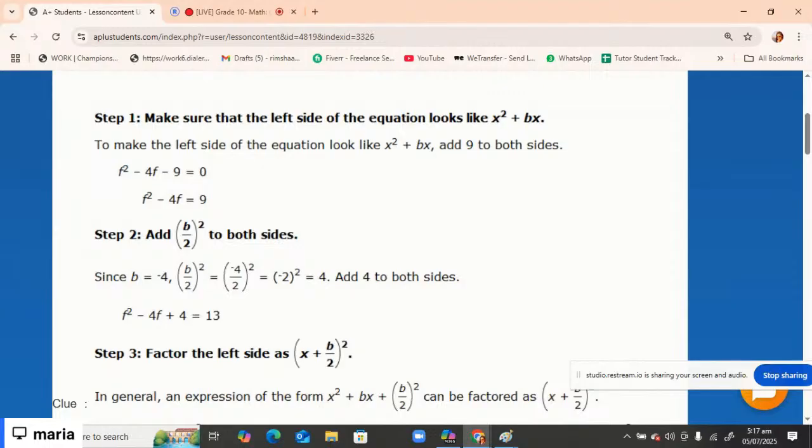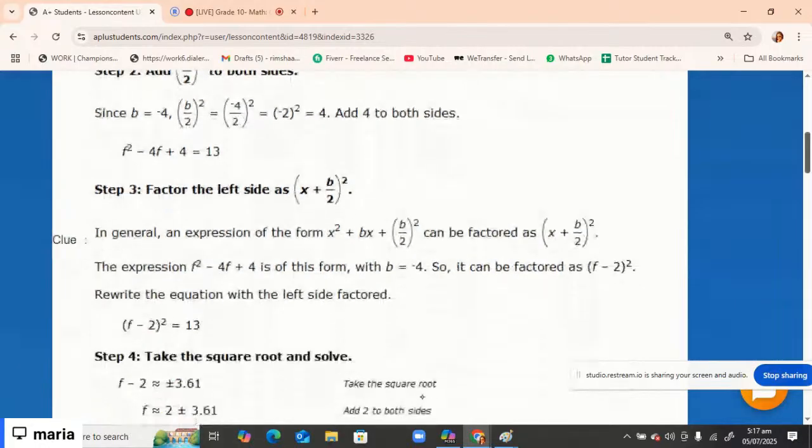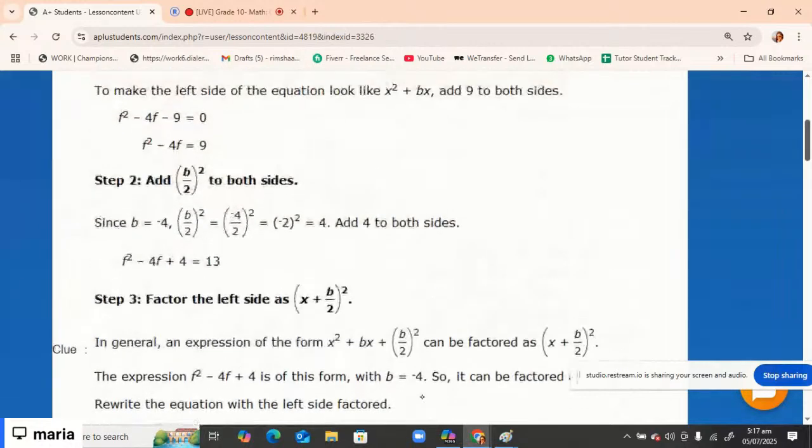So b is here 4, then we divide over 2, take the square, and put it on the other side. And now just add that number on both sides.